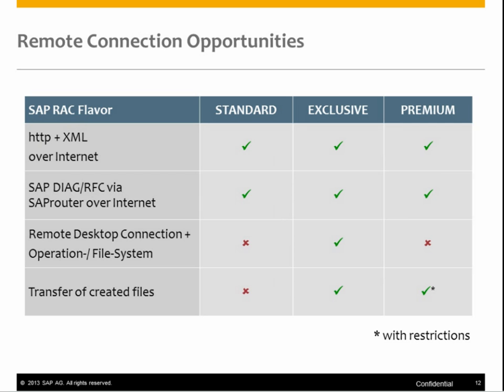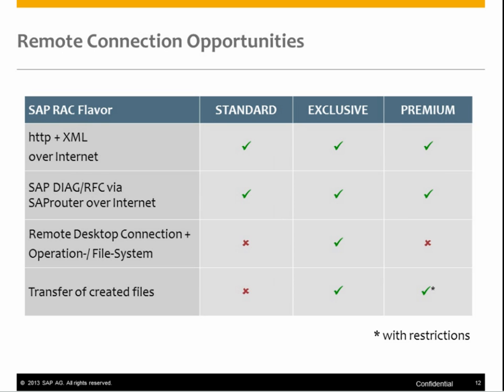Then for the RAC Exclusive, you have the opportunity to have a remote desktop connection to the system or to the environment, and therefore also access to the operating and file system. Also with Exclusive, you have the opportunity to transfer created files.